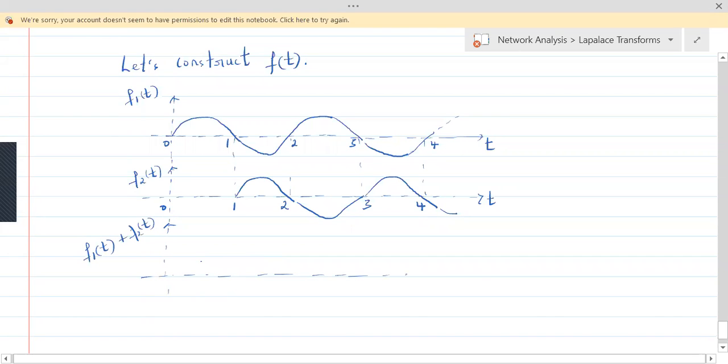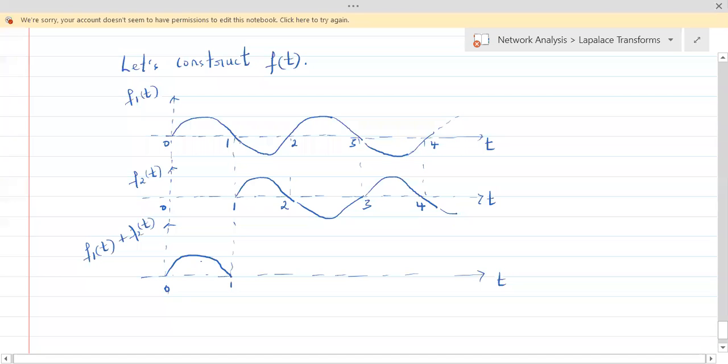What would remain is the question. See here, from 0 to 1 it is this signal plus 0. So you would have the same signal here. Fine. Now from 1 to 2, what is going to happen?